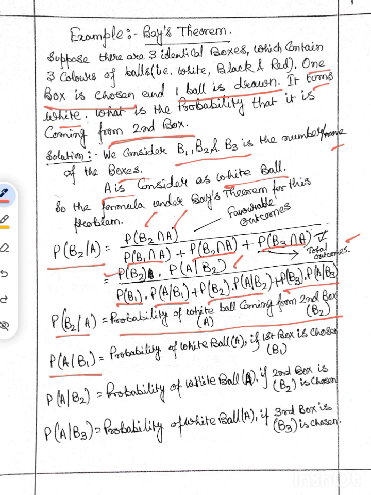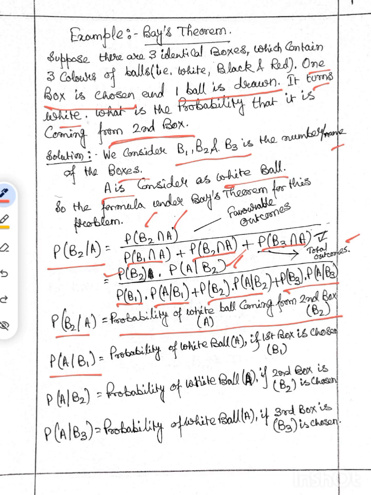These three alternate cases are our outcomes, and our favorable case is only that the white ball comes from the second box. We have to solve the problem in this way.